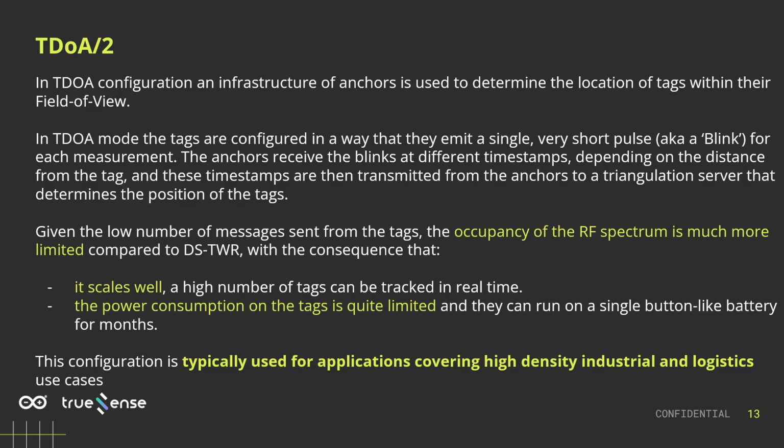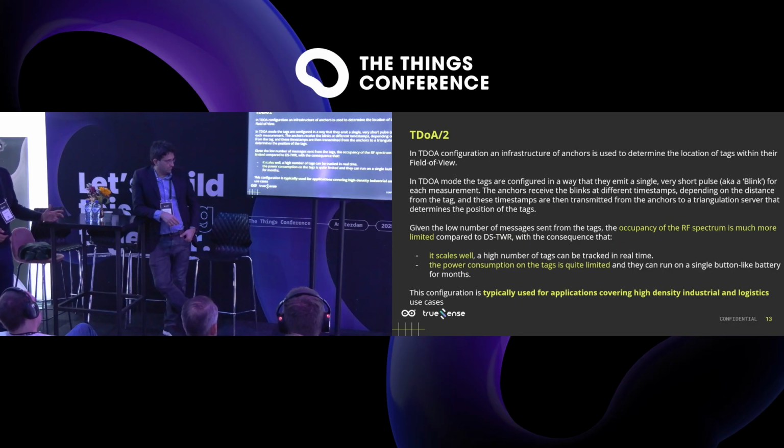Compared to the previous method, of course, this is only sending one message, no responses. So you save a lot of bandwidth over the air, which means you can have a much higher density, a much higher population of tags that you can track.